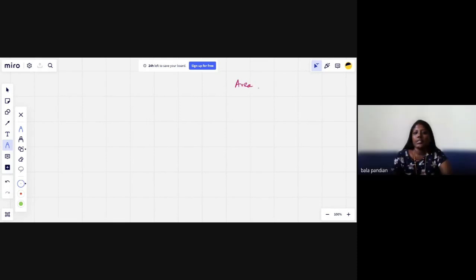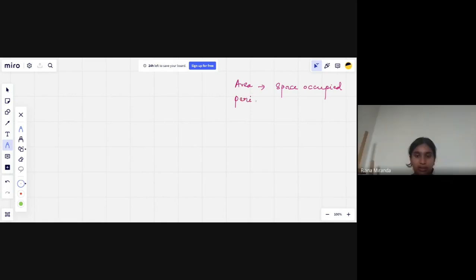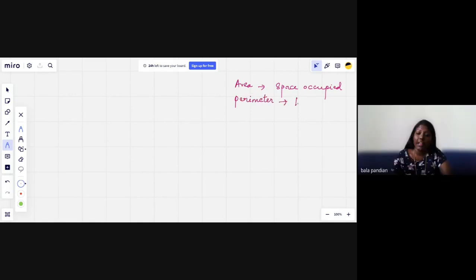Very good. So area is nothing but the space occupied by the shape. What do you mean by perimeter then? The border of the shape. Very good. So you call it a boundary or the border for that particular shape, right? These are the two terms that you've been learning already, and you're familiar with them.